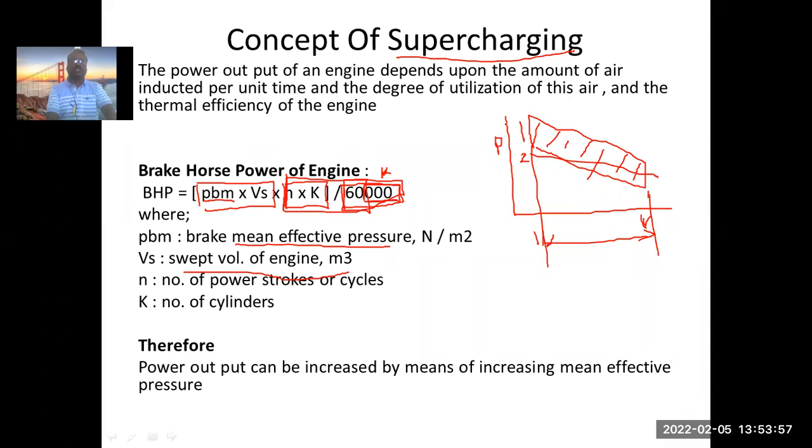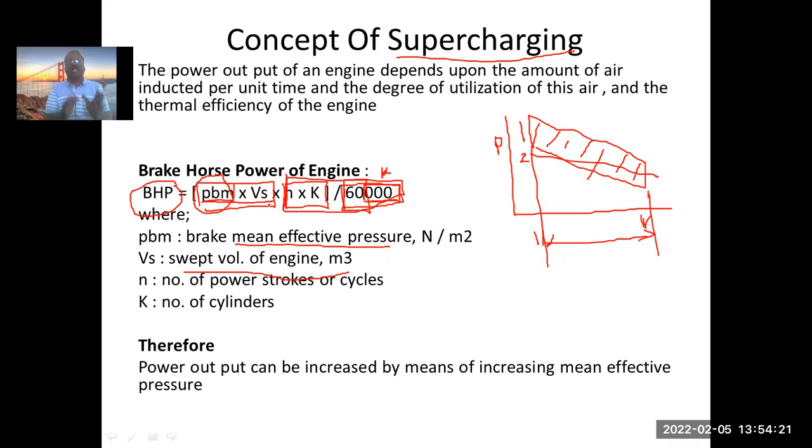Supercharge. That means by doing the supercharging, we are increasing the mean effective pressure. And when we increase the mean effective pressure multiplied by the stroke volume, that is your power. And that is how we justify that we are going to get higher power when we are doing supercharging.